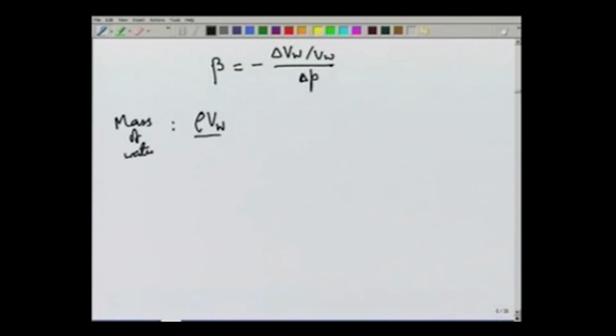Now, if we look at this mass of water rho V w, the continuity tells us that matter cannot be created or destroyed. Therefore, this mass should remain constant. So, we can relate a change in volume of water with a change in density.